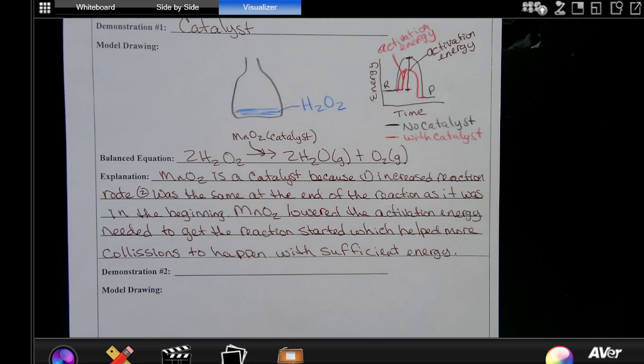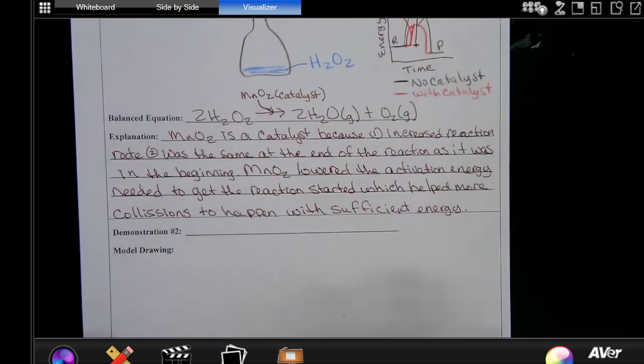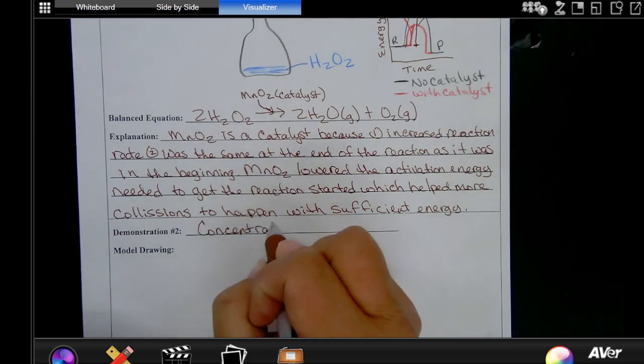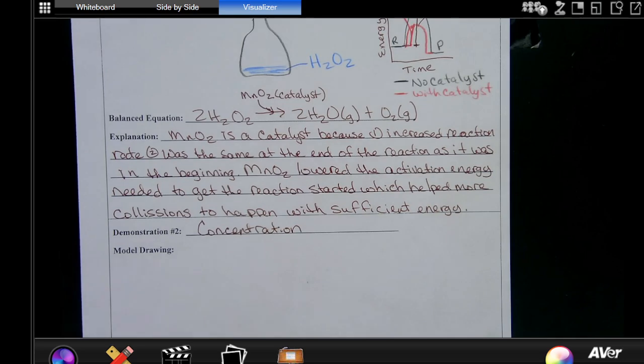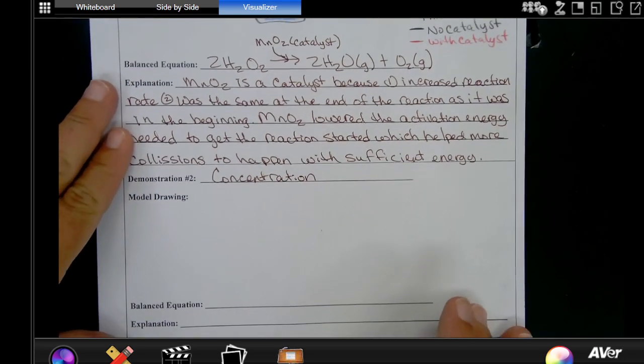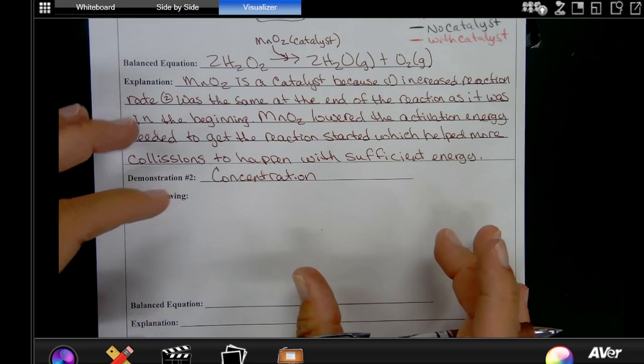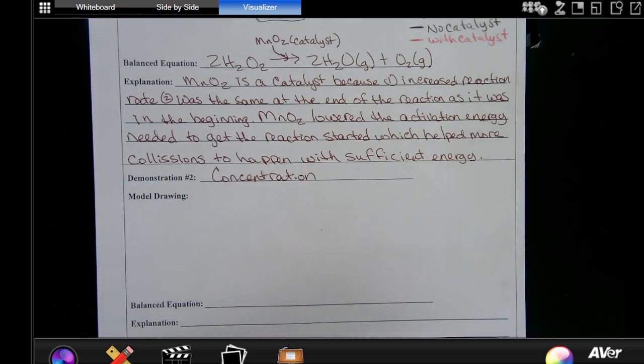All right, the next thing we're going to do is we're going to see concentration happen. Okay? I'm going to have two little bowls underneath this camera in just a minute.